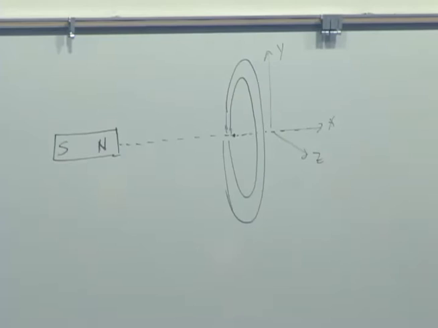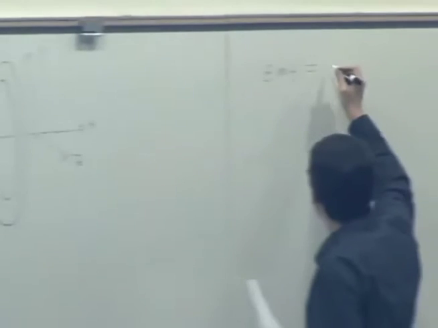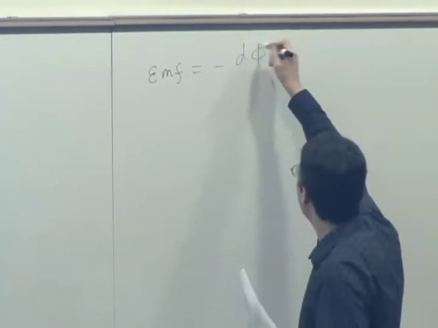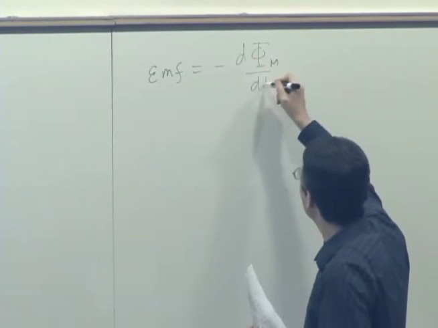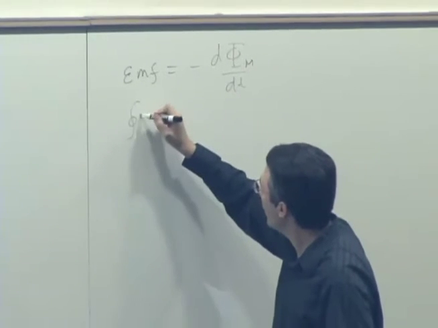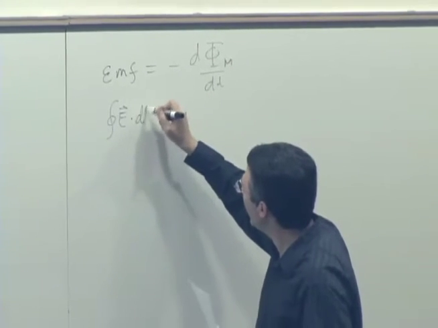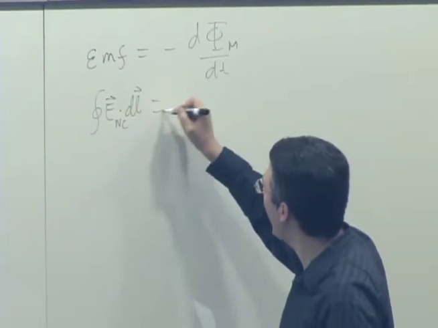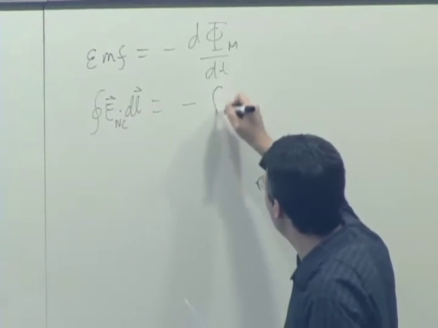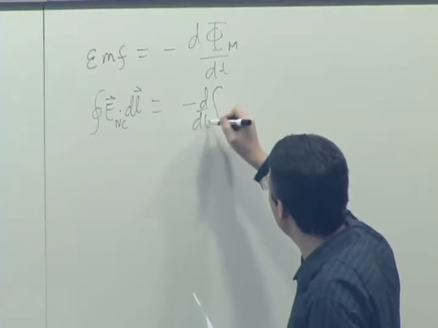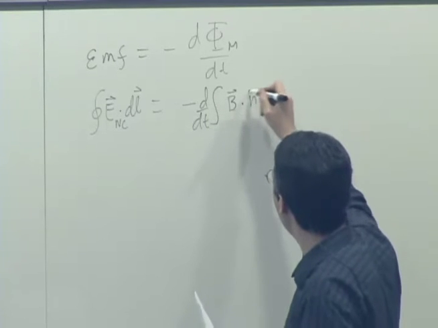Okay. Faraday's law says EMF induced is negative rate of change of the magnetic flux, or the curly electric field, the integral of that non-Coulomb electric field around a loop, is negative of the rate of change of the integral of B dot n hat dA.